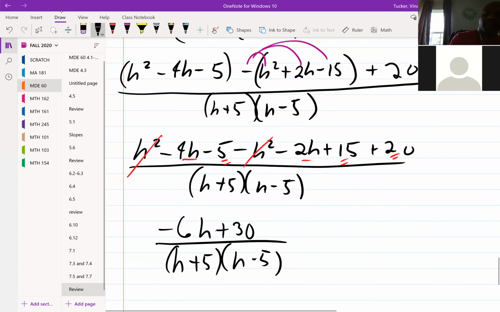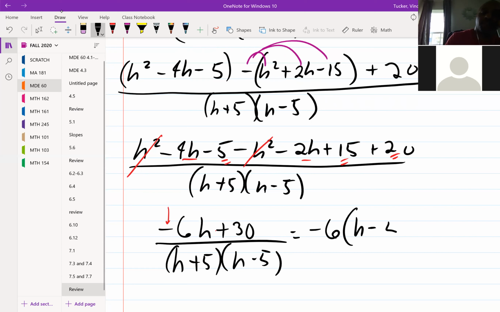All right. I can factor out a negative 6. Remember I mentioned before that if your leading coefficient has a negative, might as well factor that out if it's possible. If I take out negative 6, I'm left with h minus 5.